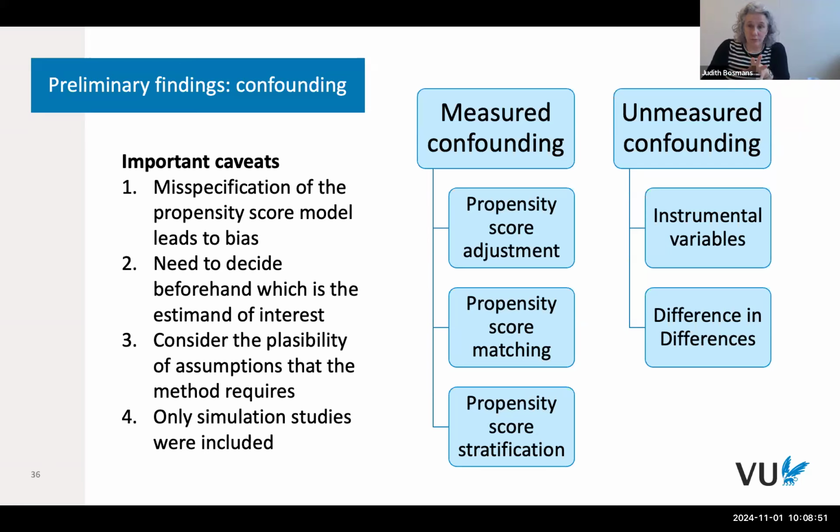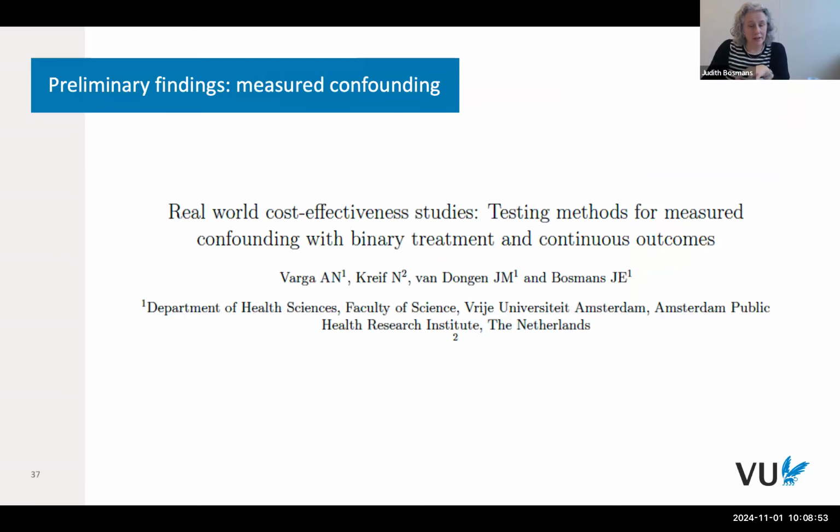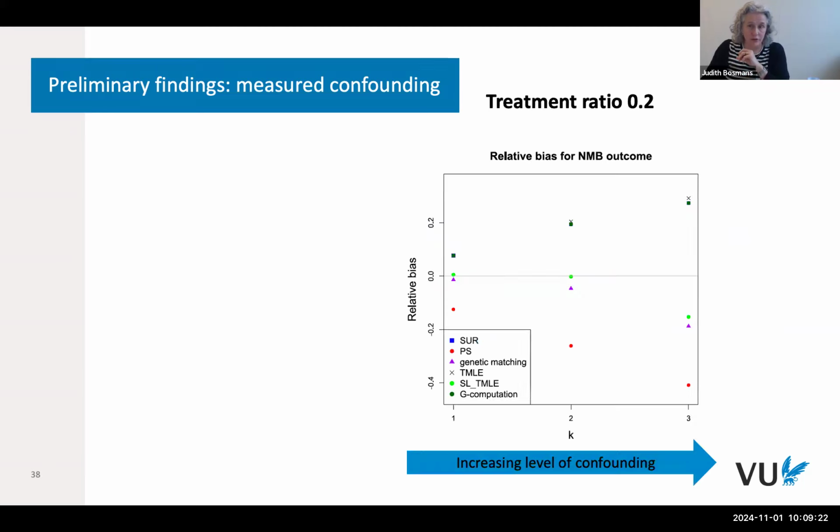So when we did that scoping review, the next step was to see what the performance of the different methods that we identified to deal with measured confounding was in real world cost effectiveness data. So what we did is that we used the mental health care data that I mentioned earlier to simulate data on which we could test the performance of the different methods.